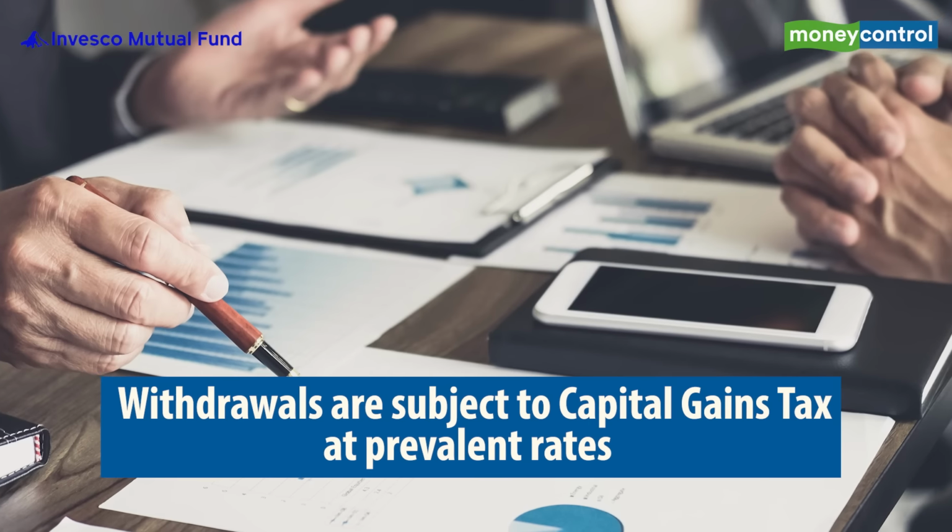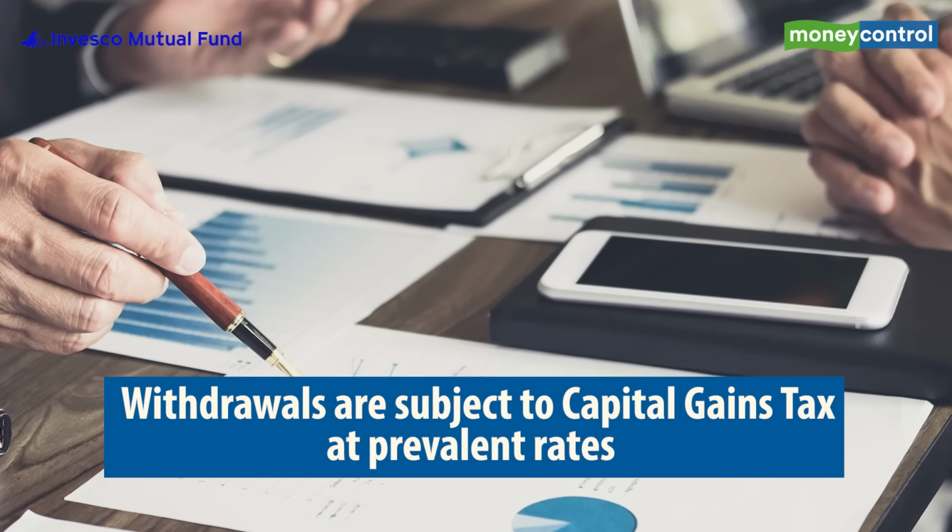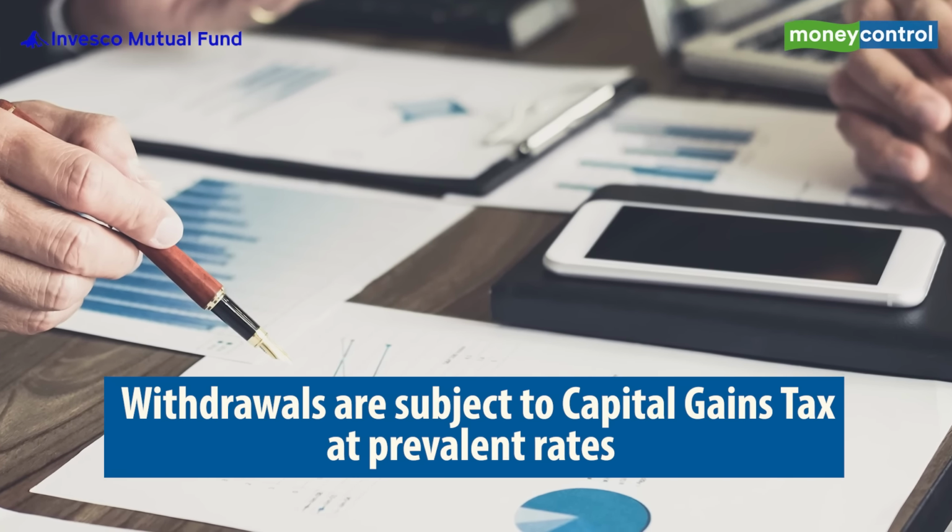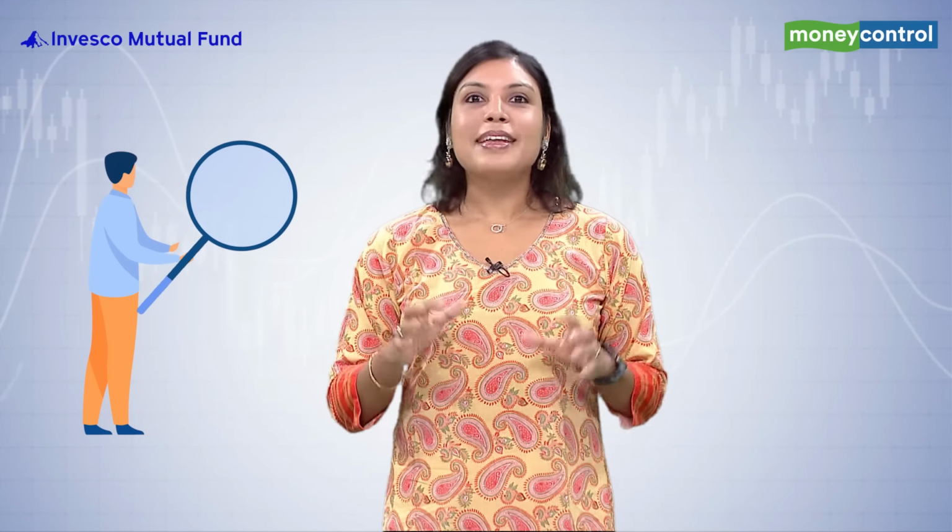Lastly, keep in mind that your SWP withdrawals are subject to capital gains tax at the prevalent rates. Account for this while planning the withdrawal amount and check for any exit loads that may apply. Now that you know all about SWPs, you can begin the planning for setting up one that suits you.